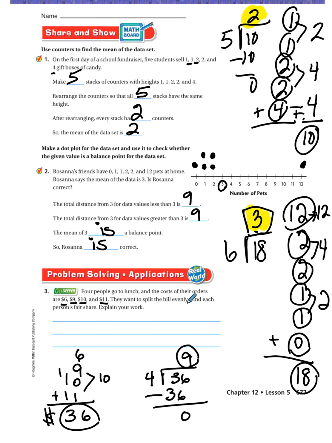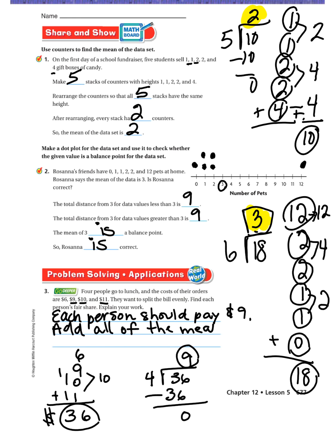So they want to split the bill evenly. Find each person's fair share. So each person should pay $9. Add all of the meals together, then divide by 4. And that is how I got the answer there.